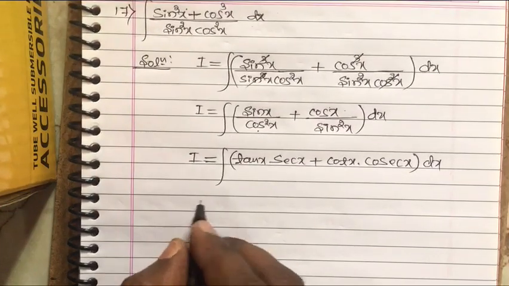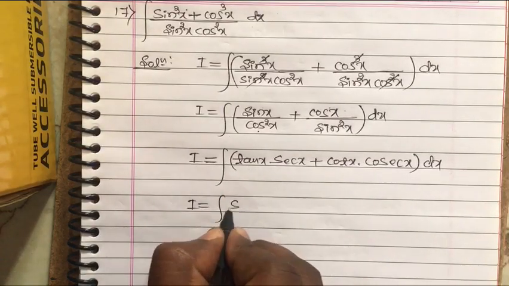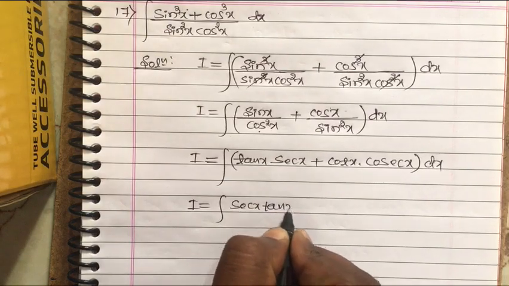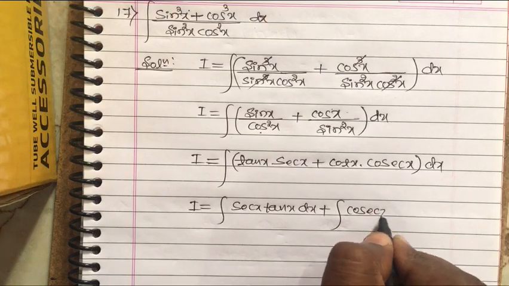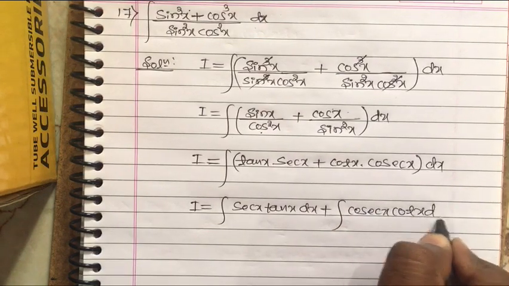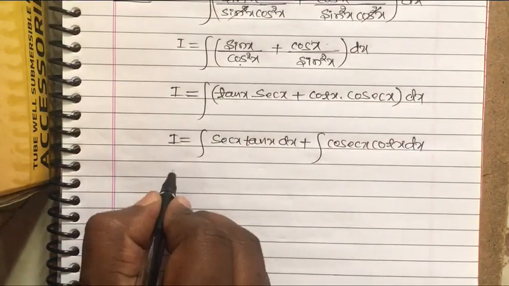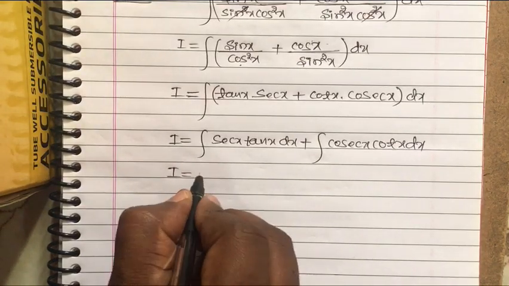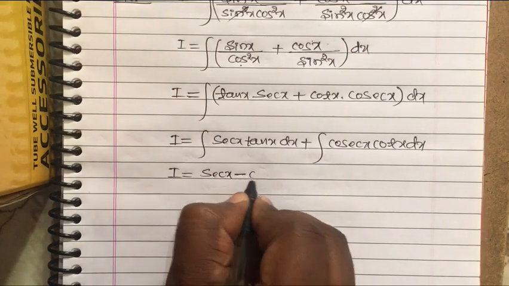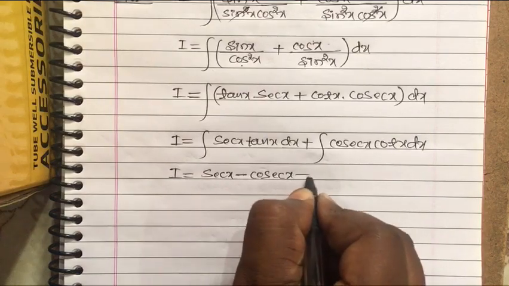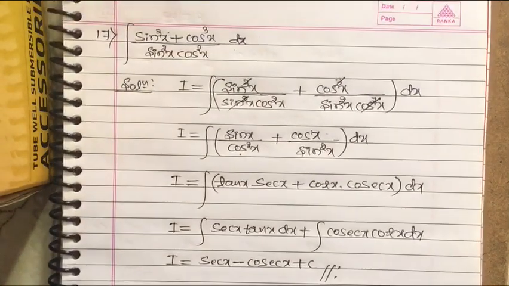Now integrate them separately: I equals integral of secant x into tan x dx plus integral of cosecant x into cot x dx. The integral of secant x tan x is secant x, and the integration of cosecant x into cot x is minus cosecant x, plus c. So this is the answer for the 17th problem.